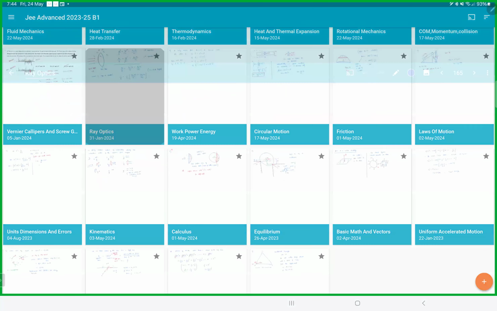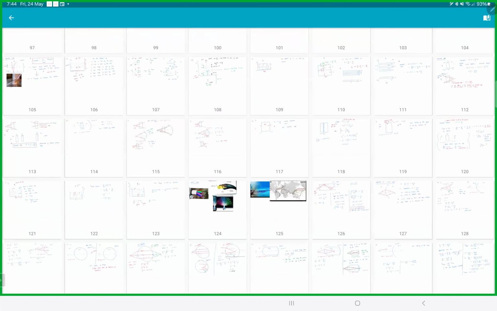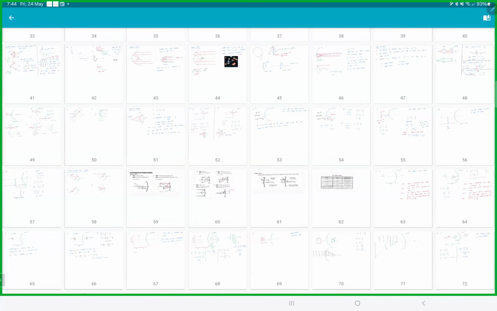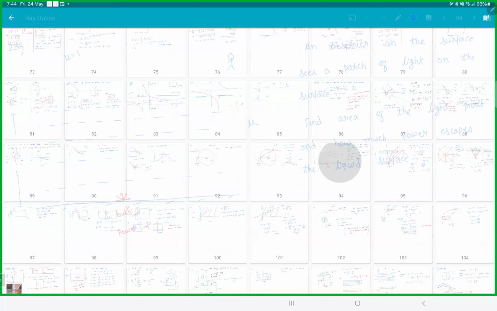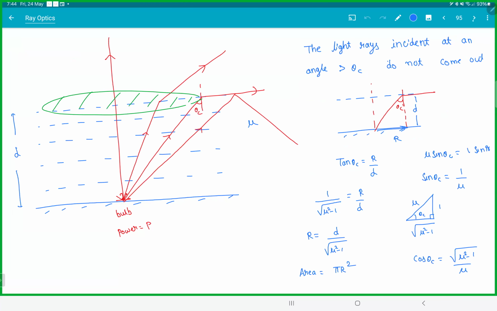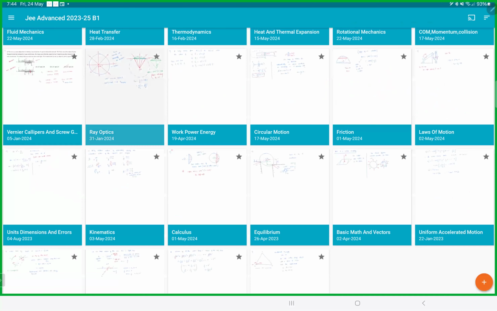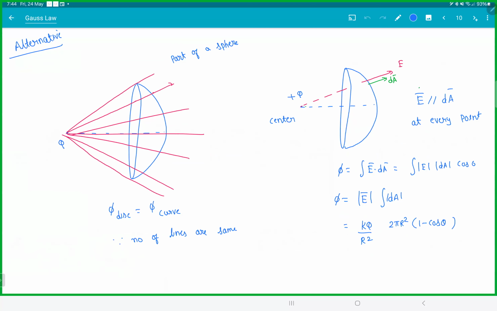The next time you encountered it was in ray optics: the bulb has power P, find the area escaping from the surface. This is your third time seeing it, and you'll see it again in modern physics. So k is 1 by 4 pi epsilon, and you'll end up with q by 2 epsilon, 1 minus cos theta.